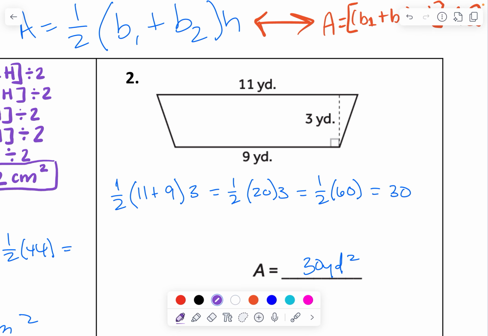So we always want to start out with the formula. Let me go ahead and white this out so that I have more space to write. Okay. So we have area is equal to base 1 plus base 2 times height.